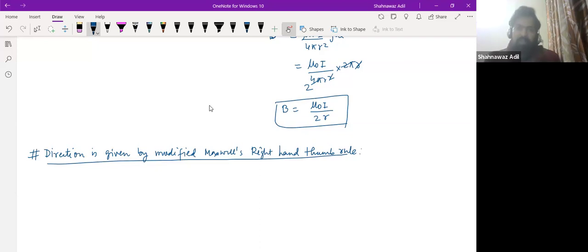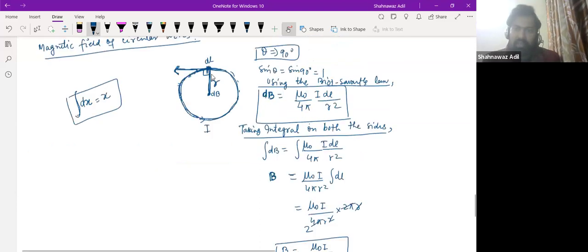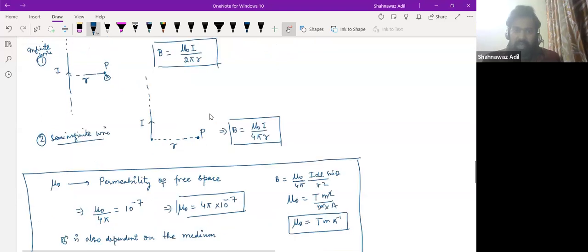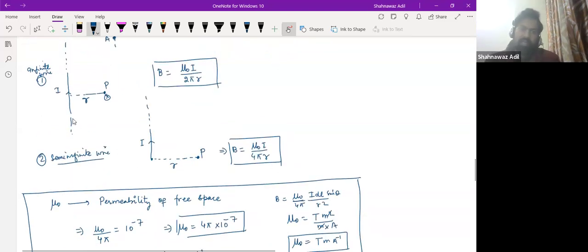In the right hand thumb rule, we calculated the direction of the magnetic field due to a straight wire. We placed our thumb in the direction of current, and then we curled all four fingers, and that direction was given by the magnetic field. That was Maxwell's thumb rule, right? Right, Arslan? Yes.